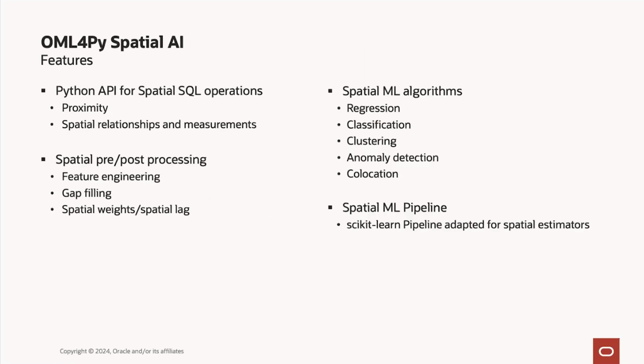Just to give a little bit more fine point on the key features of OML4Py Spatial AI. The first one, in the top left, is something that kicks in and is of value before you even get to the algorithms that do pattern detection and prediction and so forth.